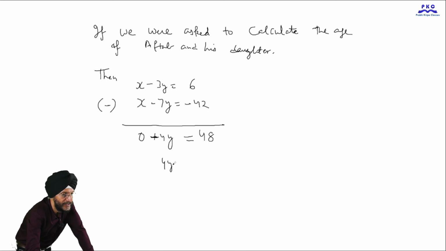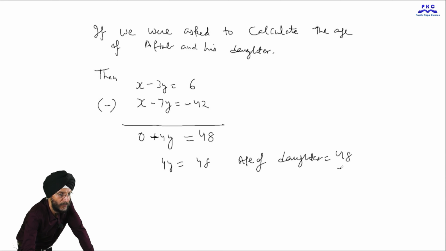So 4y is equal to 48. Age of daughter is 48 over 4, it is 12 years.